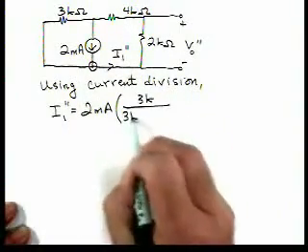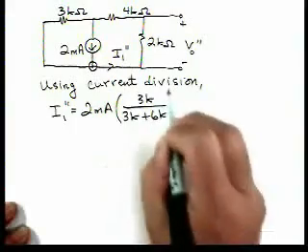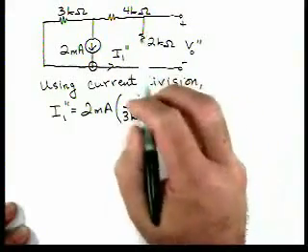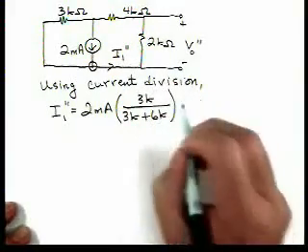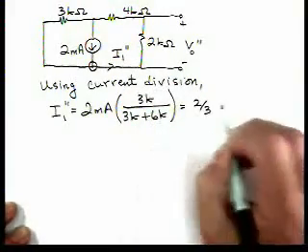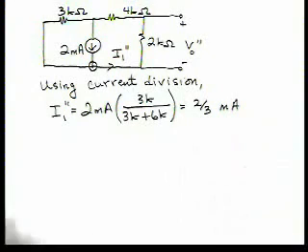Then we'll have 3K plus 6K. The 6K is the series combination of this 2K and 4K. That gives me an I1 double prime of 2/3 of a milliamp.